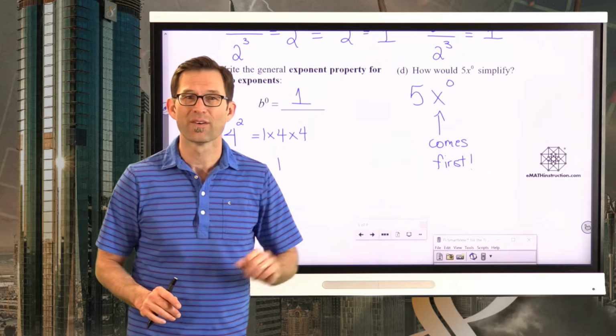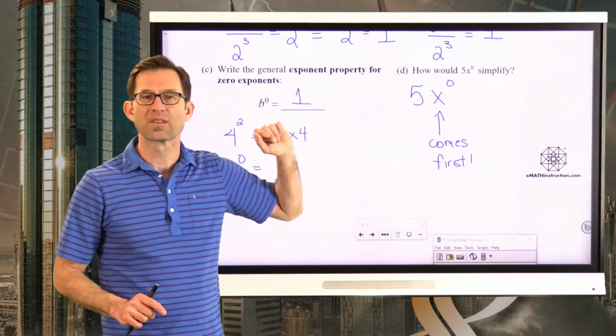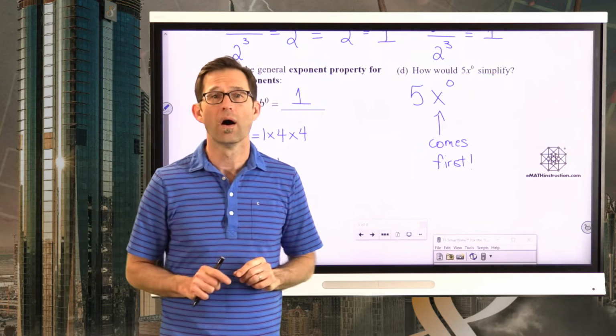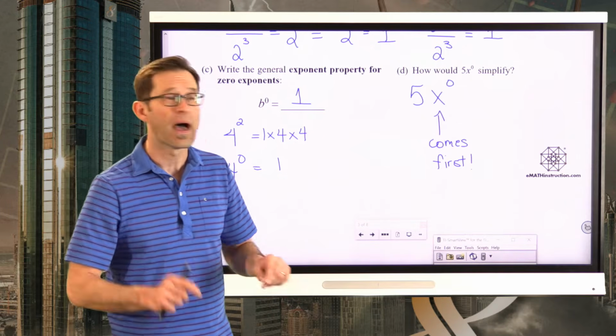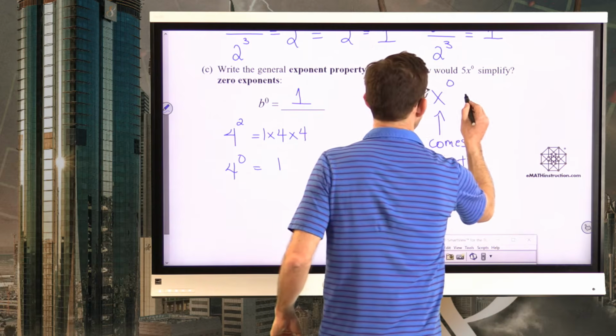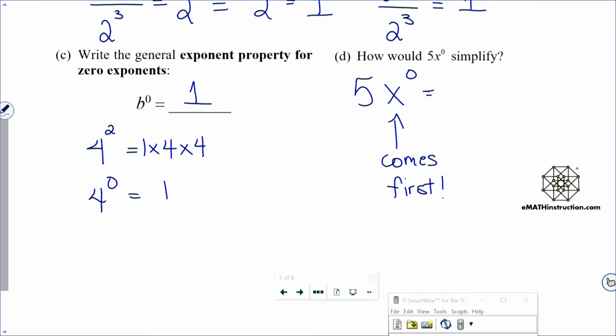It's actually 5, because given our order of operations, exponents come before multiplication. That implies that I should first take that x to the 0, turn it into the number 1, then multiply by 5, and I just get 5.